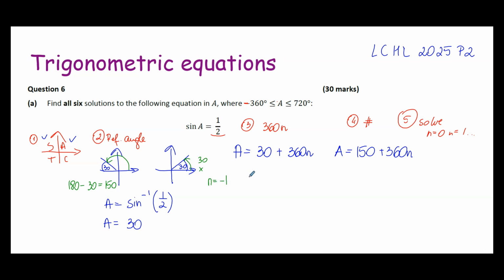My first angle will be 30 plus 360 times -1, and when we put that in the calculator and press equal, we get -330. That's our first angle. The same thing here, 150 plus 360 times -1, and in our calculator the second is -210.